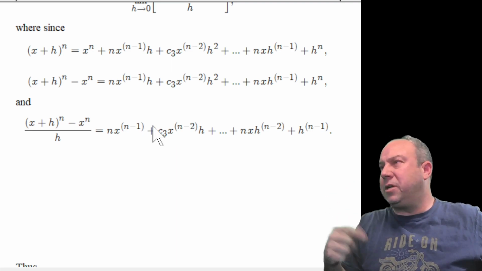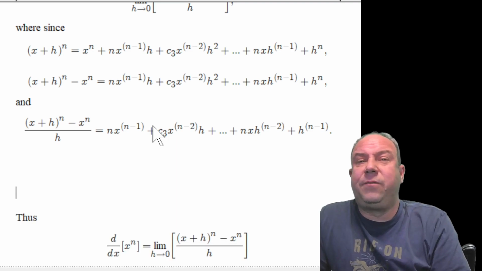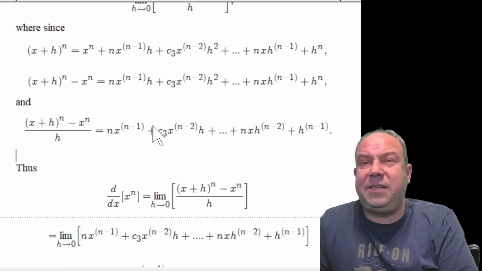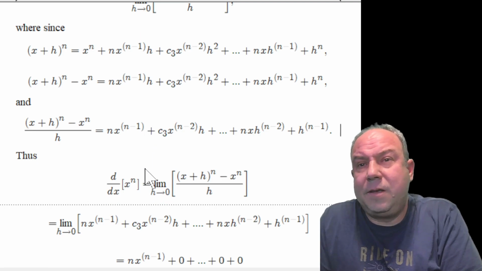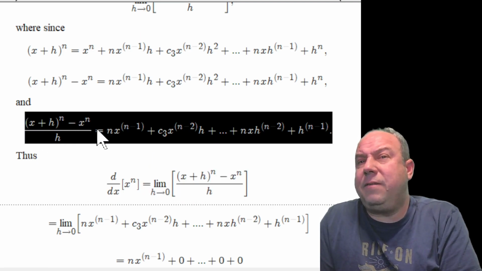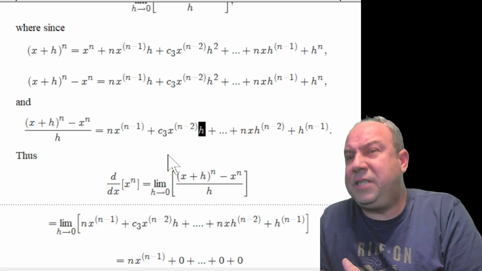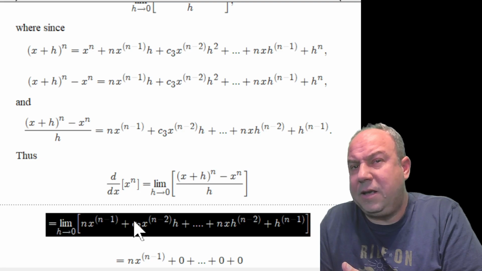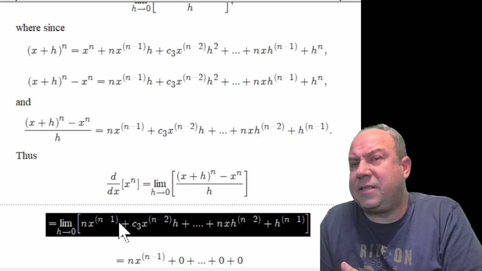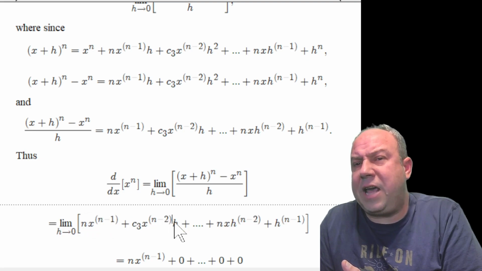And that's the h we're interested in being eliminated, because what we see now is if we apply the limit as h heads to 0 to the statement above, every term involving h will then become 0. Every term except for this very first term involves an h.